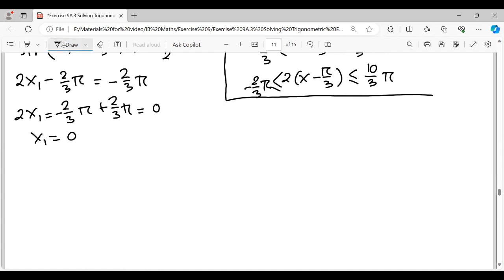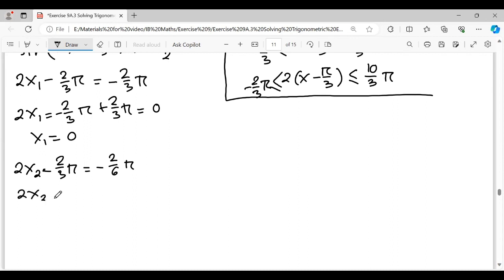After that, x2. 2x2 minus 2 third pi equals negative 2 over 6 pi. So 2x2 equals negative 2 over 6 pi plus 2 third pi.